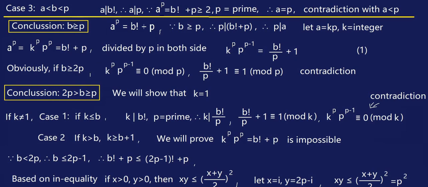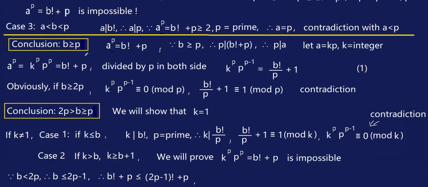That means b must be greater than or equal to p. In this case, because b is greater than or equal to p, b factorial plus p can be divided by p. And b factorial plus p is equal to a to the p's power. So p can divide a to the p's power, and then p can divide a.